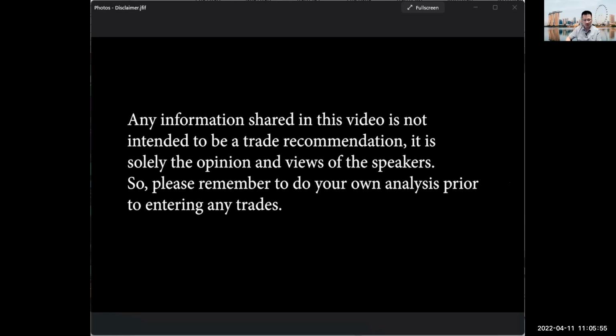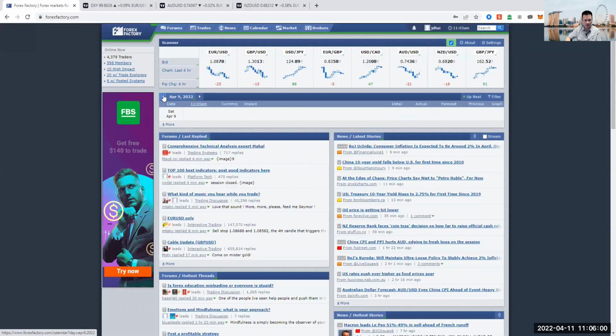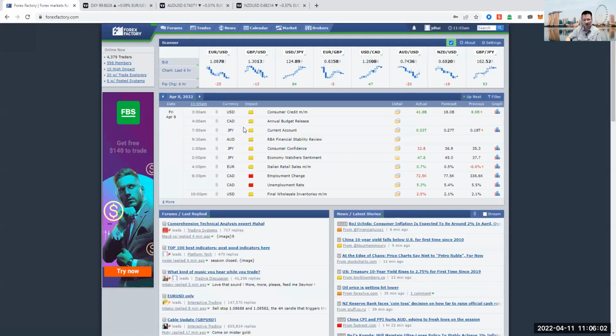So looking at the news here, just doing a quick review on Friday. We were talking about the CAD employment numbers. Unemployment rate for the CAD dropped quite a bit as we expected, from a 5.5, expected a 5.4. What actually came about was a 5.3.